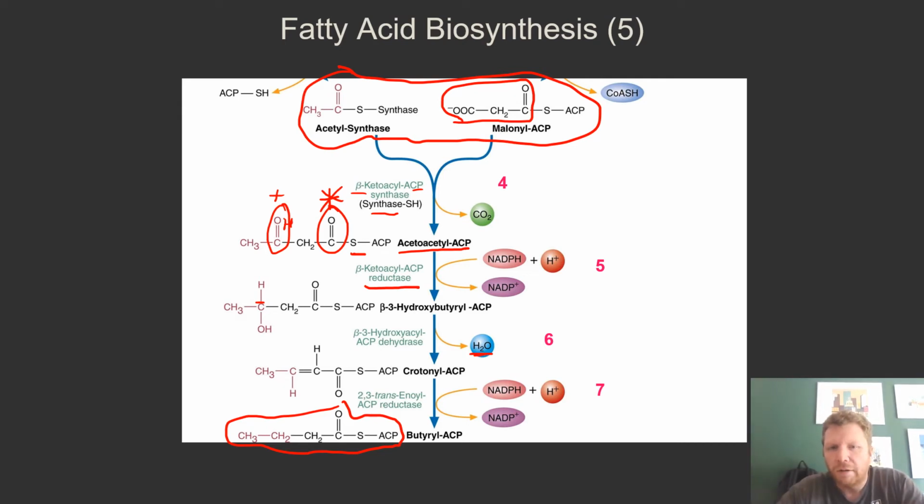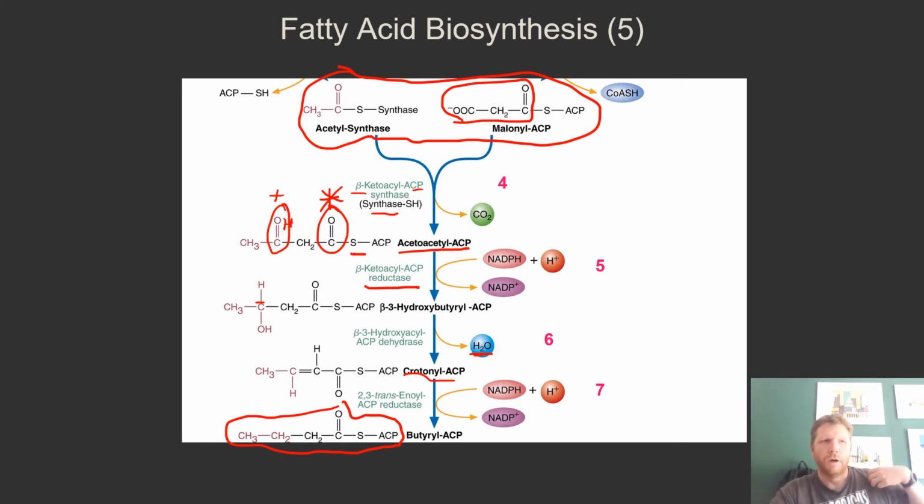Now once we've got that beta-3-hydroxyacyl ACP dehydrase, we've got a double bond within our carbon. We don't really want that. We don't want this crotonyl ACP. So what we're going to do is reduce that double bond and in effect remove that. So now we have a fully saturated 4-carbon long fatty acid.